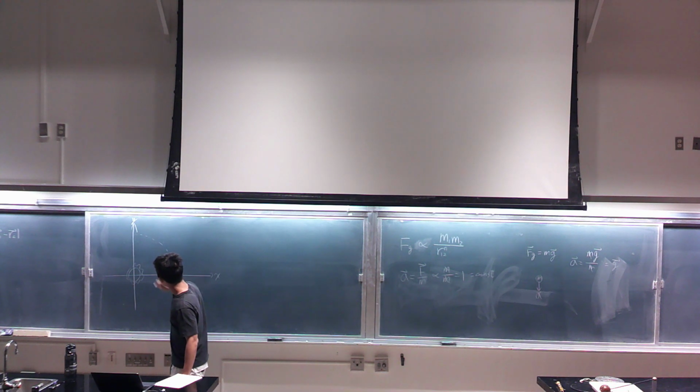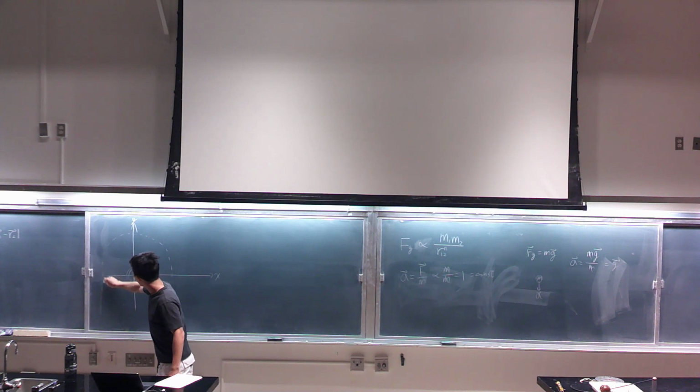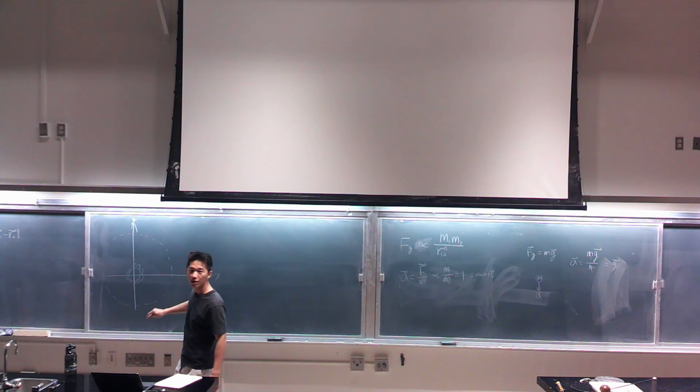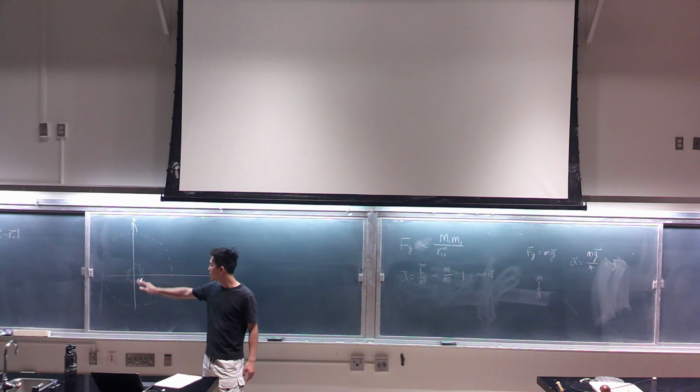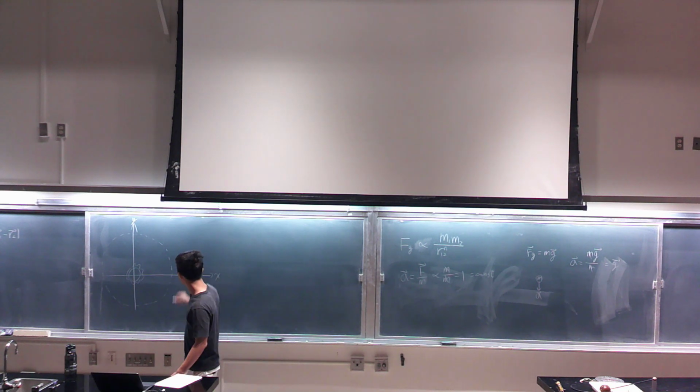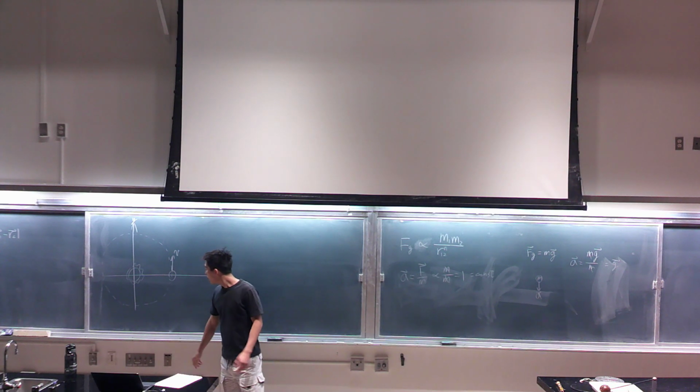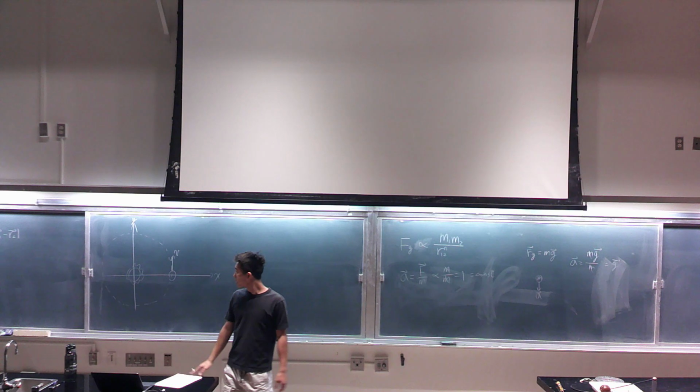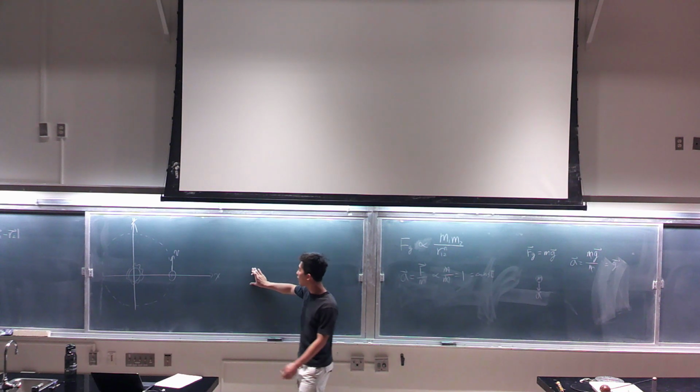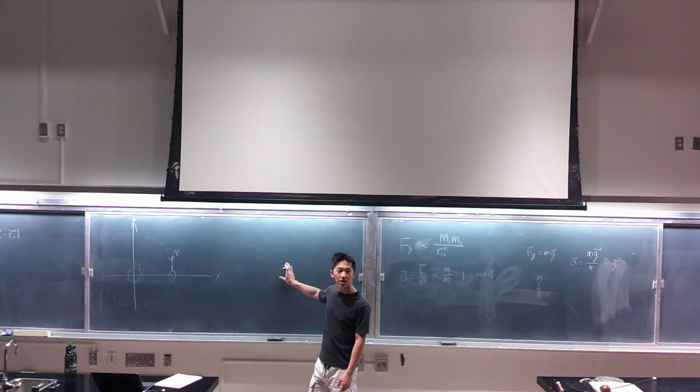We are going to look at the motion of Earth in the sun's frame. In the sun's frame, the sun is at the origin, so the Earth is going in a circle with some speed like this. Now, before we do F equals ma, we need to satisfy the first law. Is this an inertial reference frame?